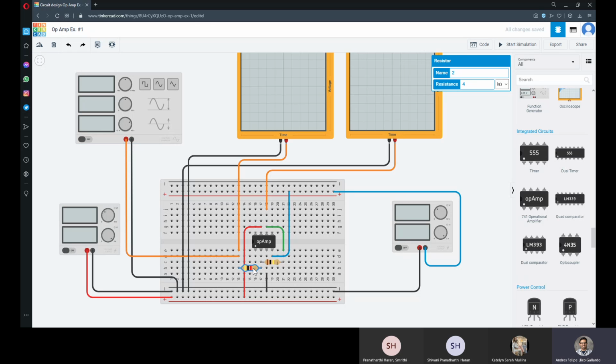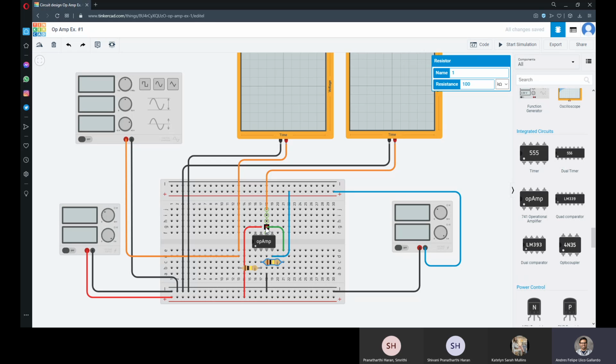So here's my first resistor. I'm gonna set it up to 100 kilo ohms. So the resistor is coming to my negative terminal, and my other resistor is going also from the negative terminal into this point that is connected to the output.